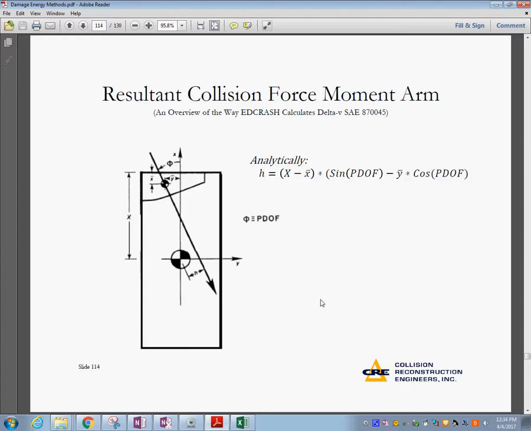What you see on this diagram is that if the collision occurred here, they inflicted a delta V of this magnitude.